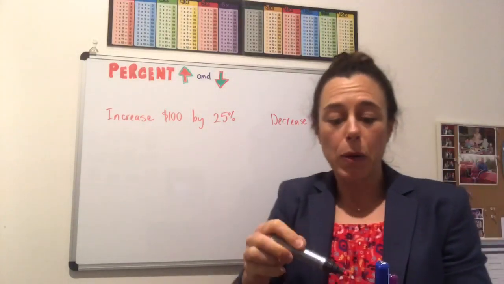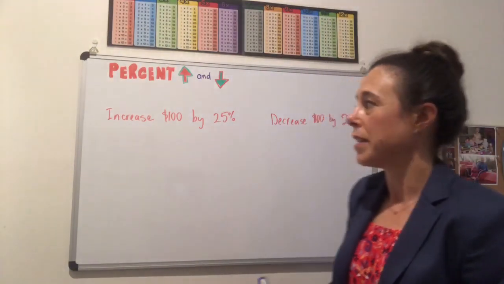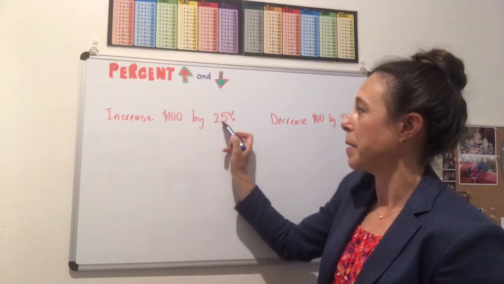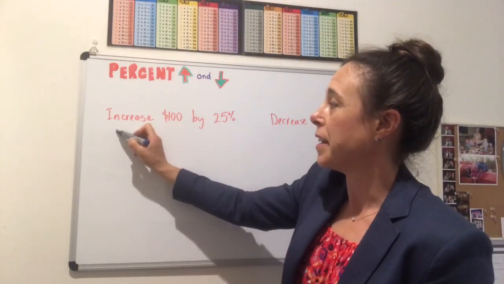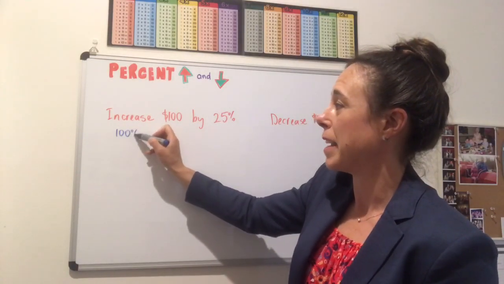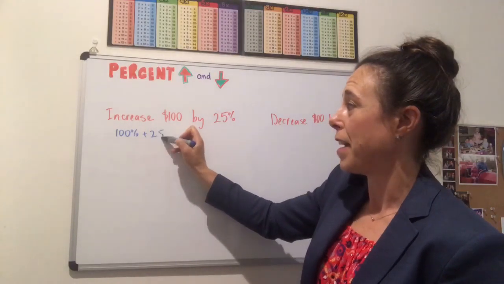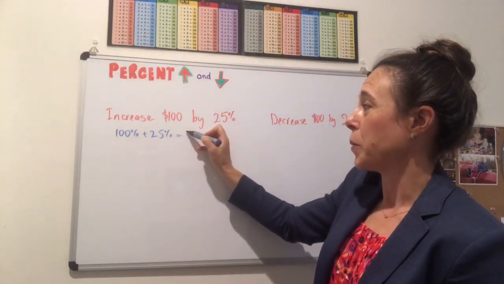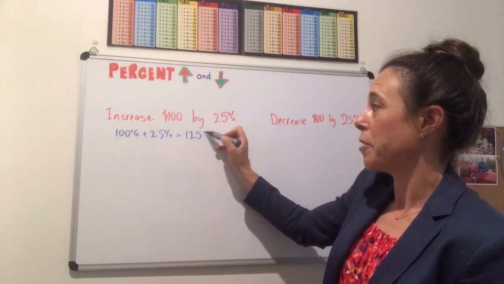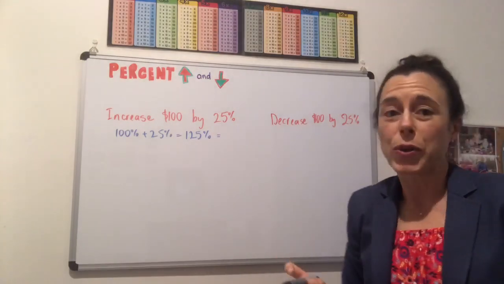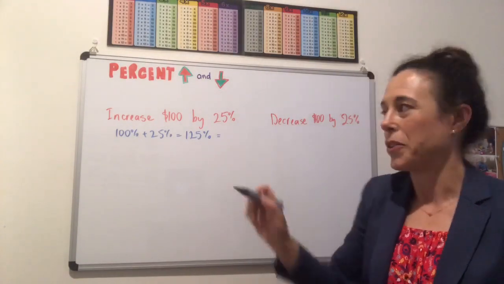Okay, so our multiplier in these two examples, if we're increasing by 25%, it's going to be 100% plus 25%, which equals 125%, which corresponds to a multiplier of 1.25.